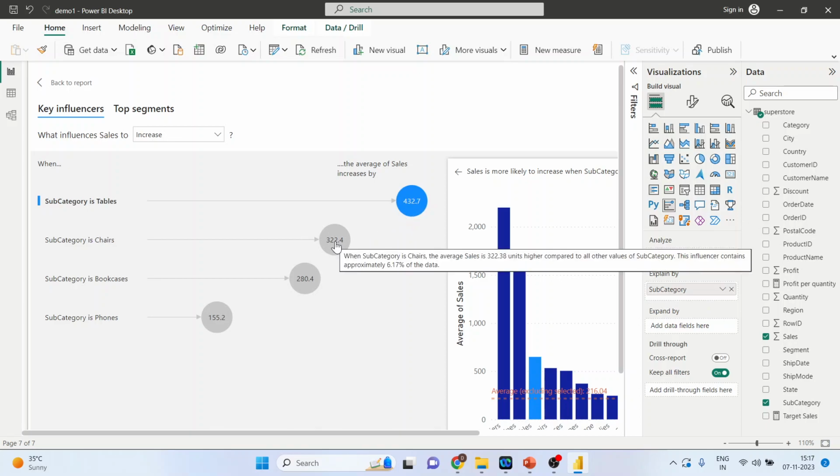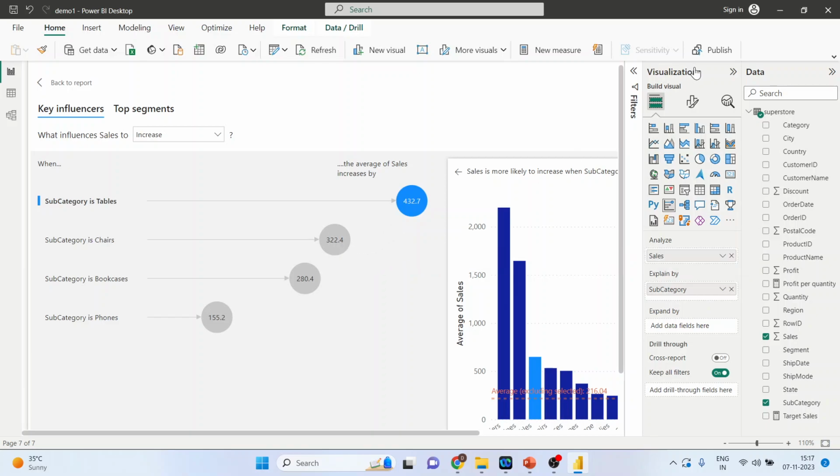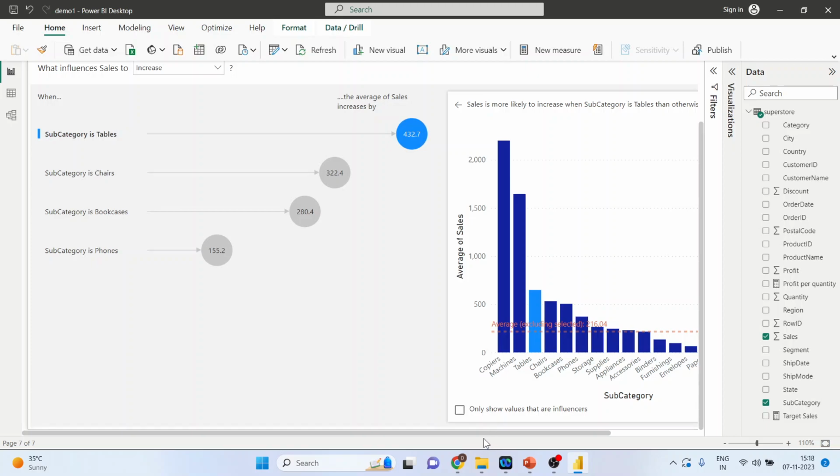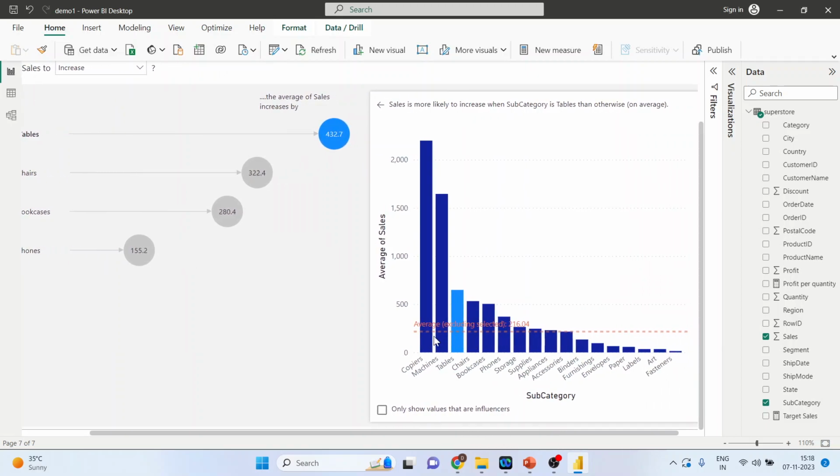Now, click on when subcategory is chair. So when the subcategory is chair, the average sales is 322.38 units higher. Right? Now, minimize this visualization. And you can see that this is the average line.